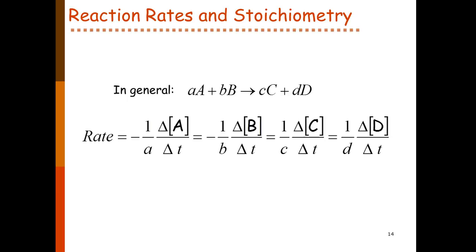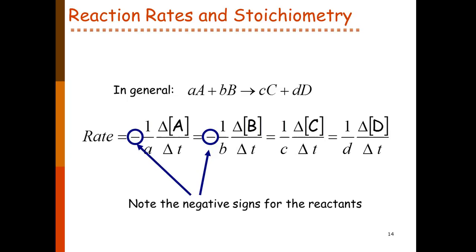In order for us to relate them to the rate, I will see that the change in compound A over the change in time is multiplied times 1 over the coefficient for compound A. Same thing, 1 over the coefficient for compound B times the change in B, 1 over c, and 1 over d. But you notice that there are negative signs for the two reactants, which indicates that the compounds A and B are disappearing because they're reactants.